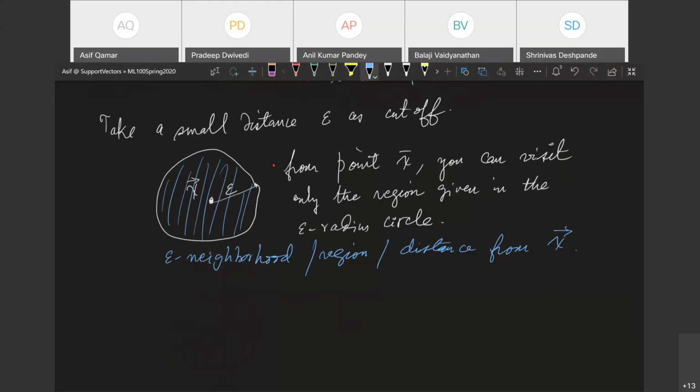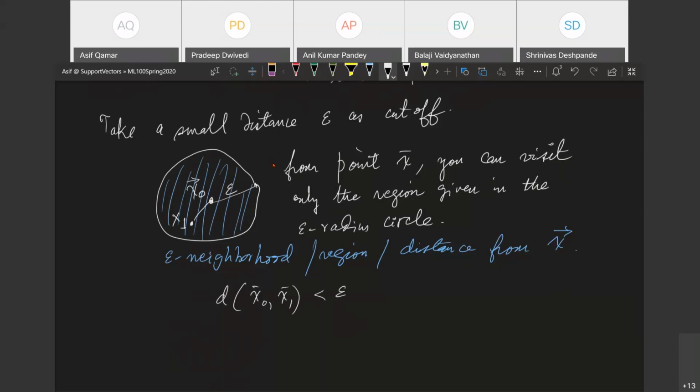Now you ask this question. Is another point, so let me call this point X0. Let me mark this point X0. Now you ask, in this region, the epsilon neighborhood, does another point exist? Let us say that this point exists, X1, which I'll put at this point. So you would agree that the distance from X0 to X1 is less than epsilon, right?